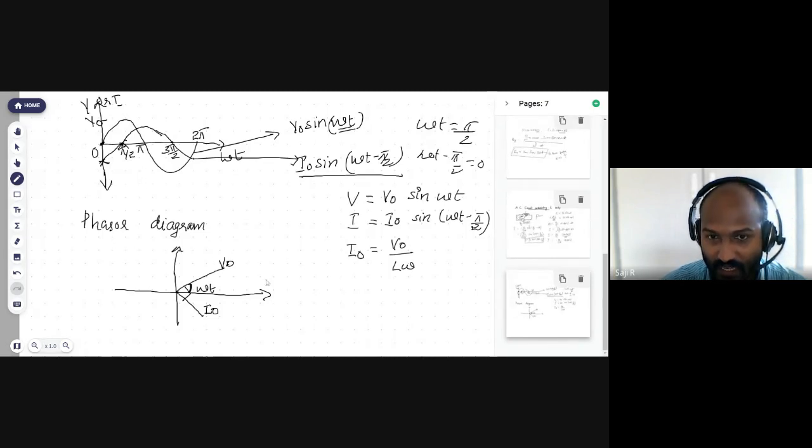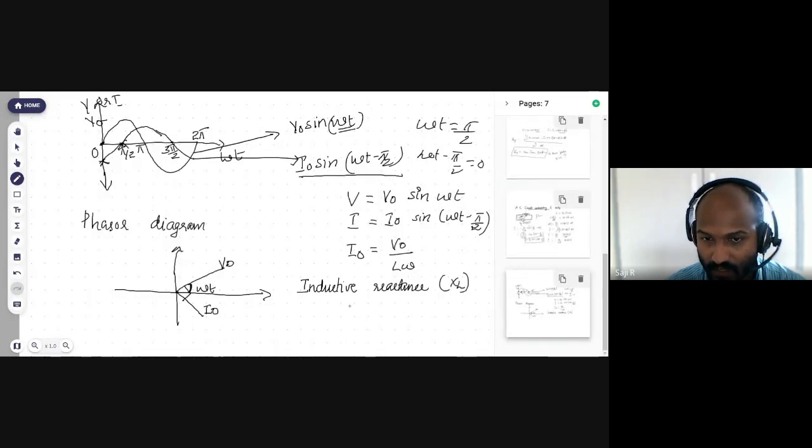Since that reactance is produced due to inductance, it is known as inductive reactance. This L omega is known as inductive reactance. It is denoted with the letter XL. So XL is equal to L omega.